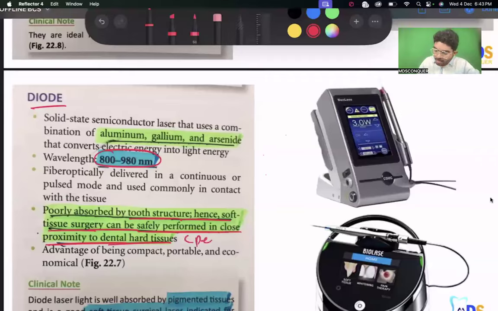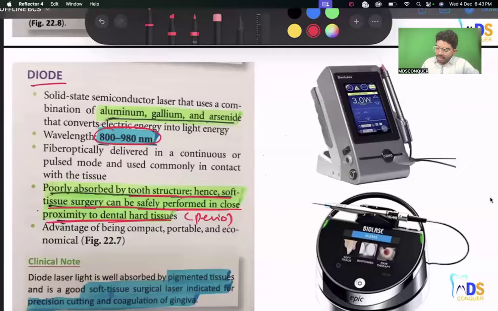Yes, very good, perio. It has poor absorption with the hard tooth structure, so it is not going to hurt the hard structure but can act on the soft tissue. So it is most commonly preferred in the perio department. Diode lasers are well absorbed by pigmented tissues, and it is a good soft tissue surgical laser indicated for cutting and coagulation of the gingiva, used in perio.